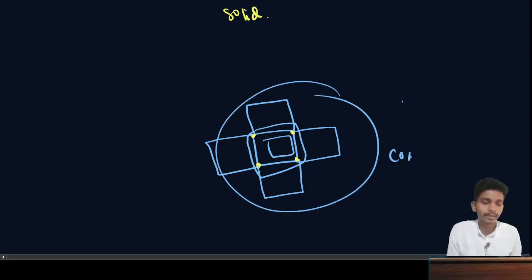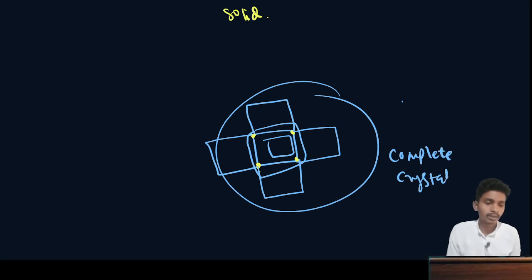So the unit cell is the smallest part of a complete crystalline solid, which repeats again in all possible directions to form a complete crystalline solid.